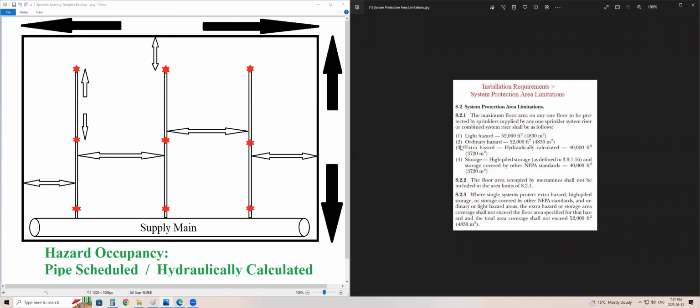And then as you start digging backwards, you realize, okay, I'm in chapter 8, that's installation requirements. I'm in section 2, which is system protection area limitations, and then you might be into another subsection, which might be specific to, say, for example, sidewall sprinkler heads. Meanwhile, the code you were looking for is for standard spray upright heads.